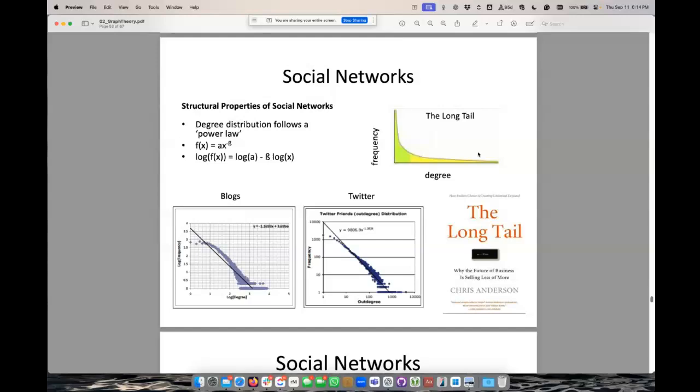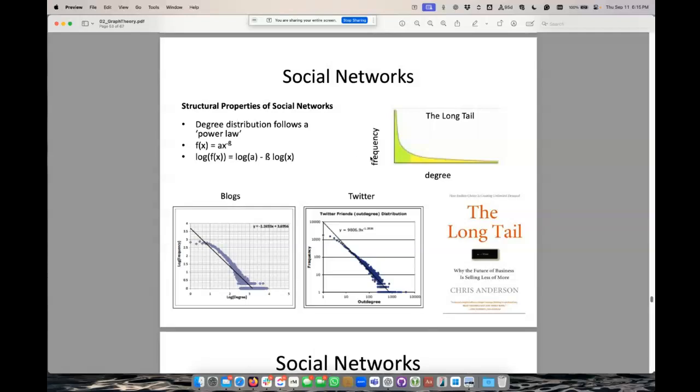So that is a phenomenon that has also been conceptualized mathematically using this power law degree equation, right, which is provided here. So f(x) equals a x to the power minus beta, and these coefficients a and beta govern how skewed the distributions of such power law networks look, right?